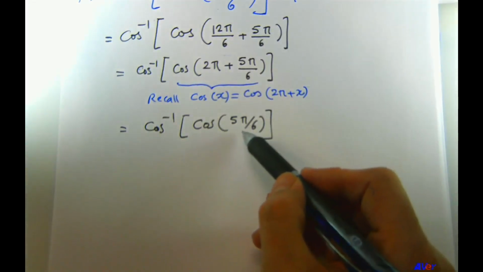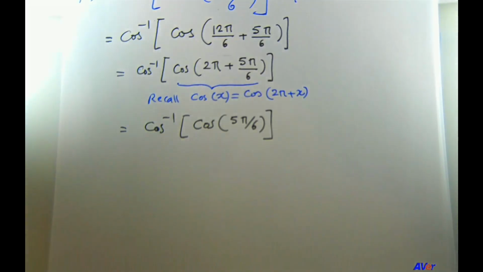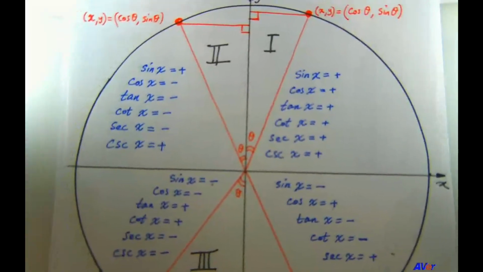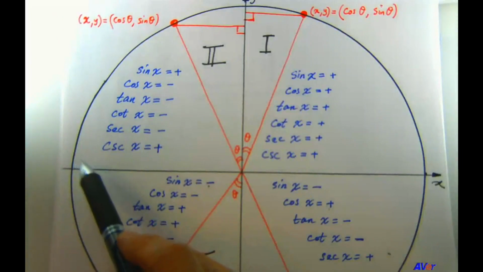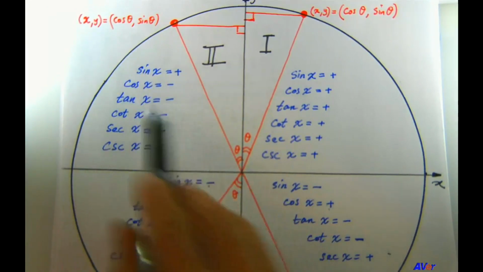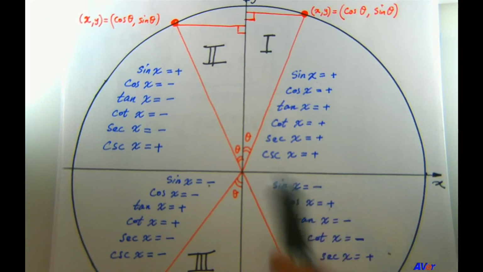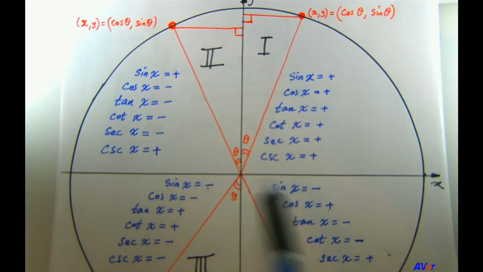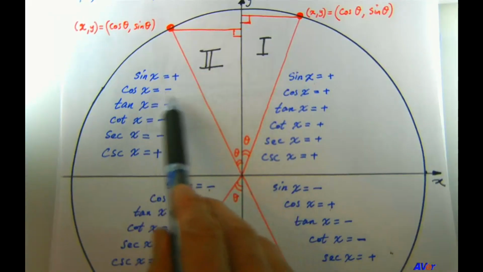So 5 pi over 6 is slightly less than pi, right? So let me find my circle here. If pi is from here to here, 5 pi over 6 is somewhere in the second quadrant, so in this quadrant, the cosine should be negative. Yeah, it is negative.